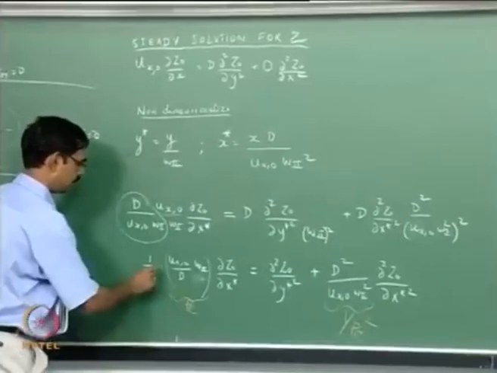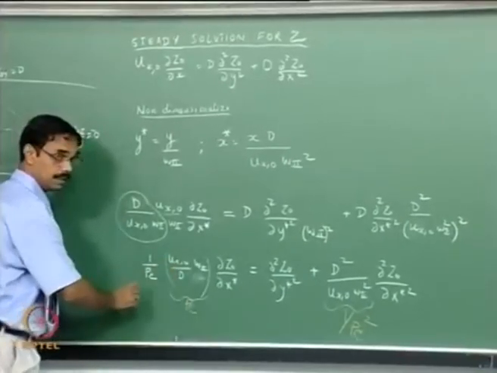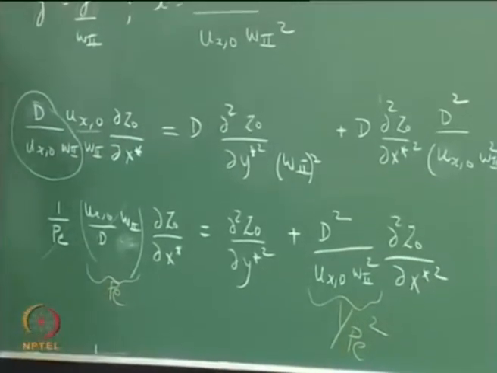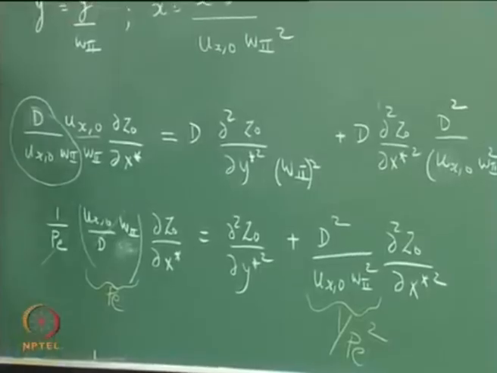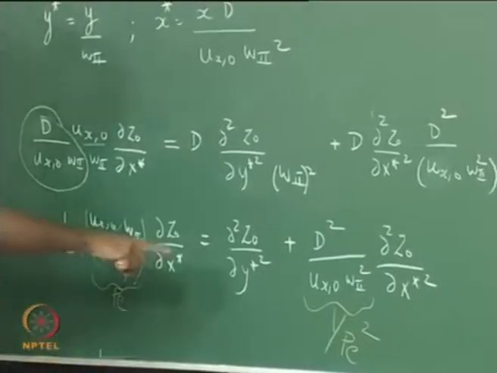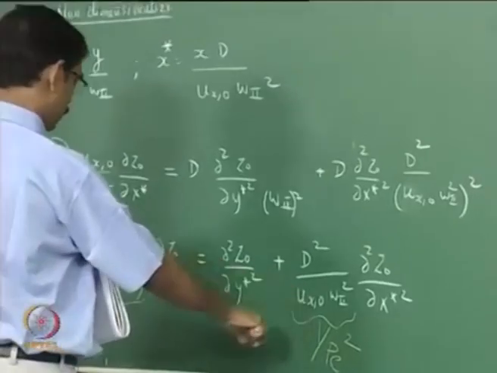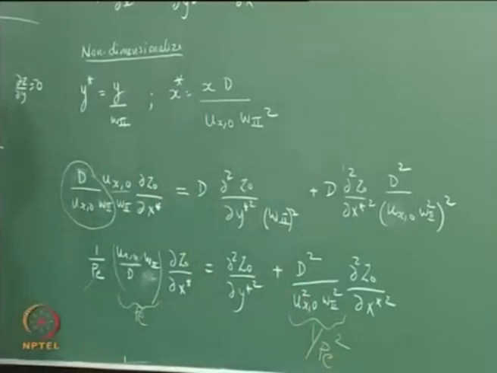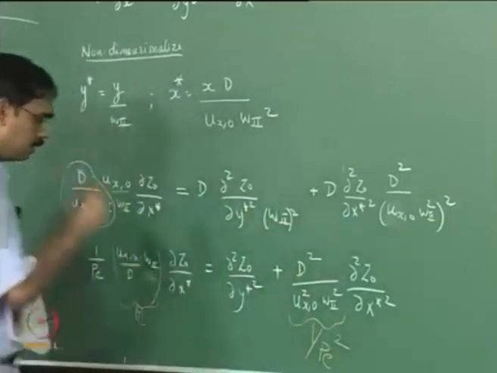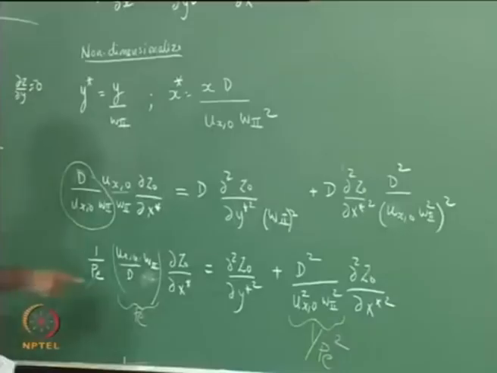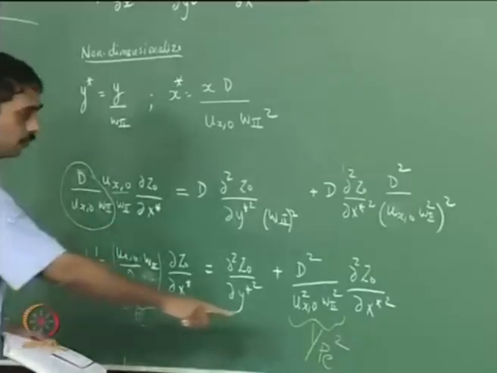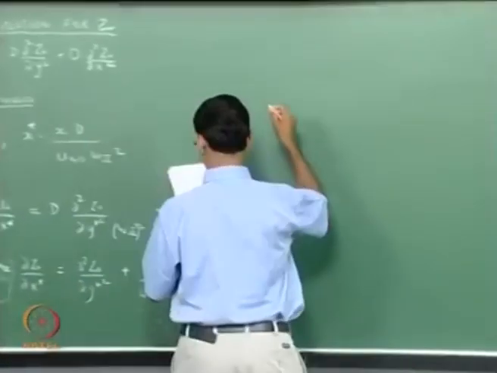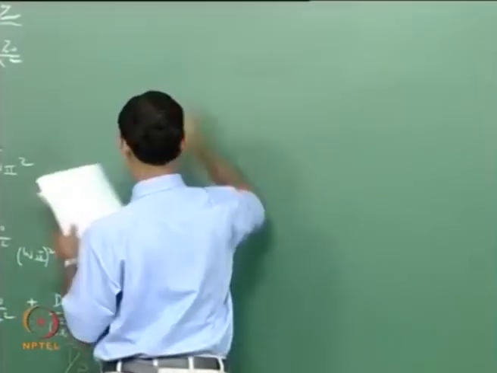So this should cancel with this, right? This and this cancel. Where? Here? Last one. Sorry, that should be u_x,0 squared here. Thank you. So this will cancel. You have 1 by Peclet squared here, and this has a coefficient of 1. So we get a very neat equation.